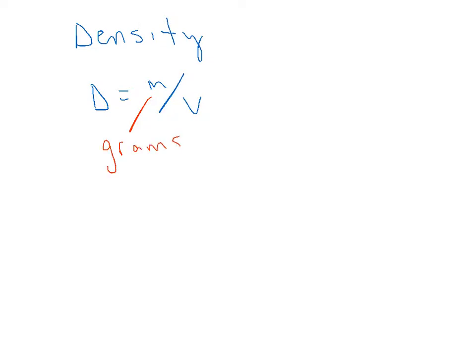A very important topic that we also talked about in Unit 1 is density. Density can be defined as mass over volume, where mass is measured in grams and volume is measured either in milliliters or in centimeters cubed.